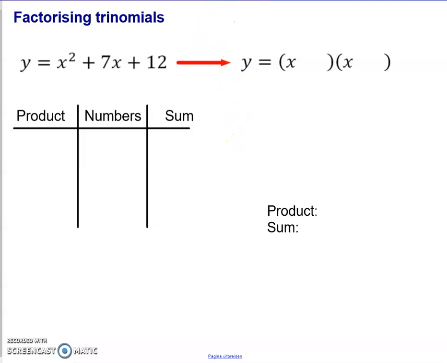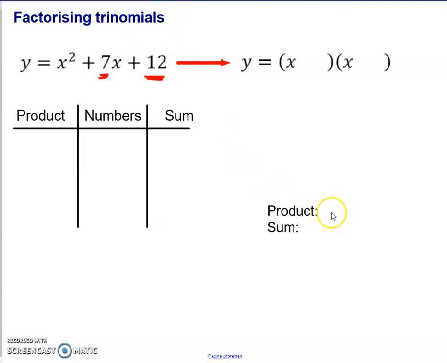For now, it's really important to look at this trinomial. You can see there's a number with the x. It's the 7 with the variable x. And there's also a number over here. And when we are factorizing a trinomial, you have to know the words product and sum.